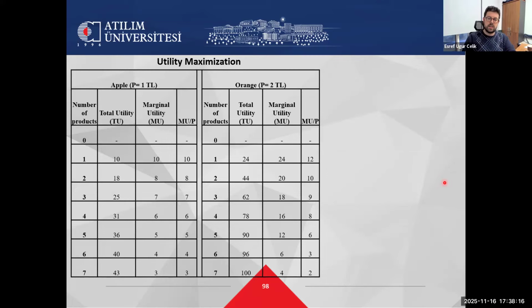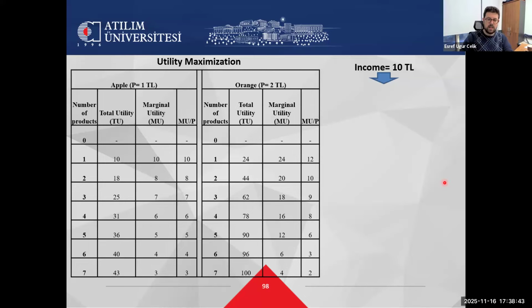Then the question asks, I give 10 Turkish lira to you. What is the utility maximization selection for apple and orange using 10 Turkish lira? Or how many apples and oranges to maximize our utility by using 10 Turkish lira?